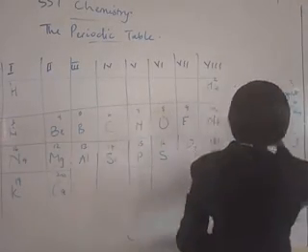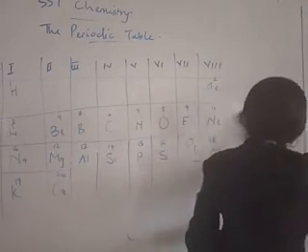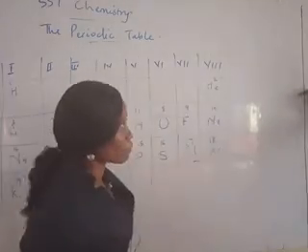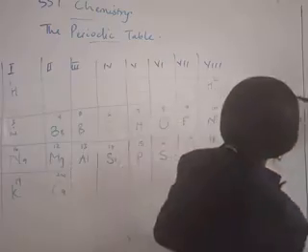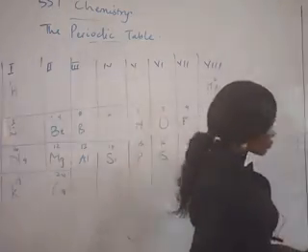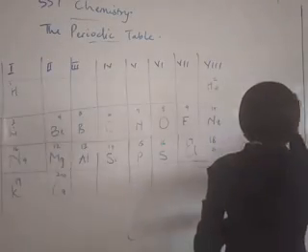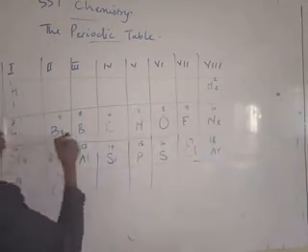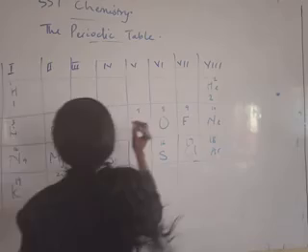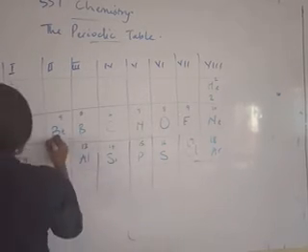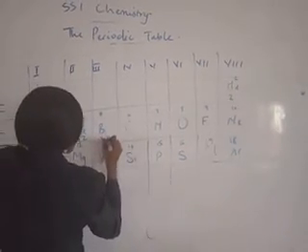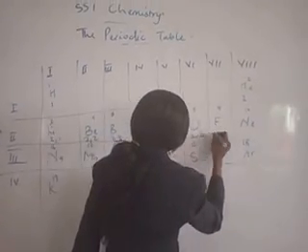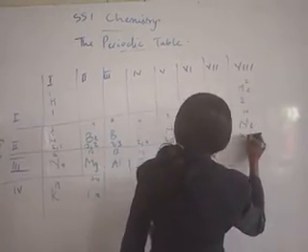All right. Now, if you're going to write out the electronic configuration of these elements, this margin: this is 1, this is 2, this is 2,1, 2,2, 2,3, 2,4, 2,5, 2,6, 2,7, 2,8.